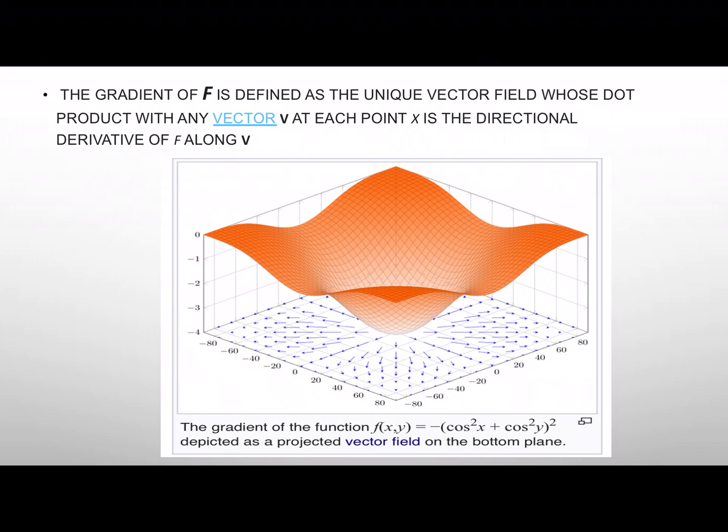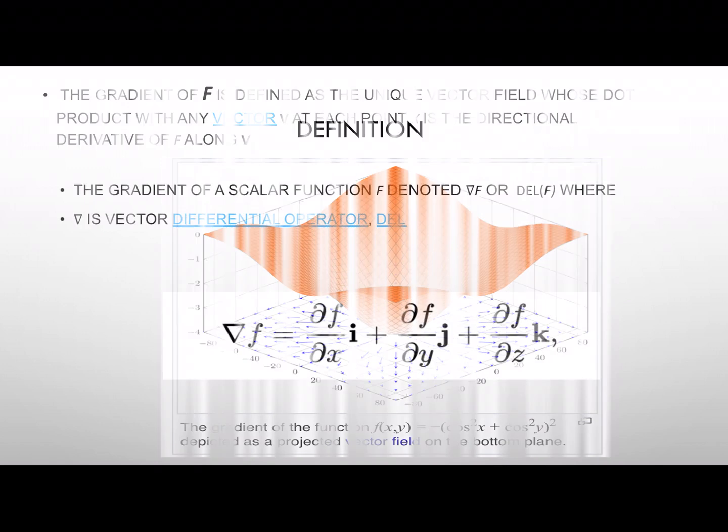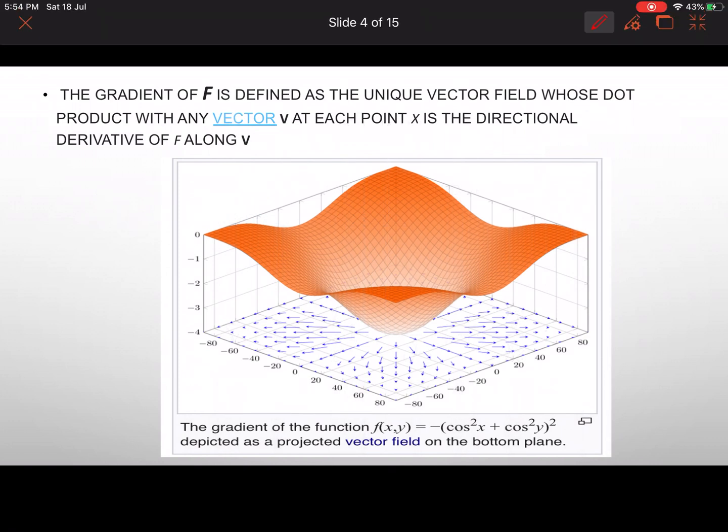Say for example, if you have a vector v whose direction is like this, then del f is again a vector. The dot product of this v and del f will give you the directional derivative of f along this vector v bar.